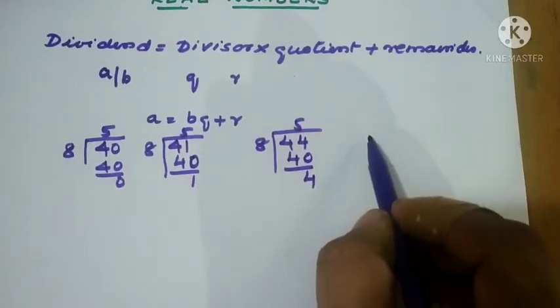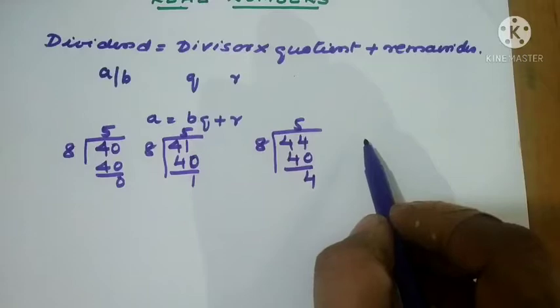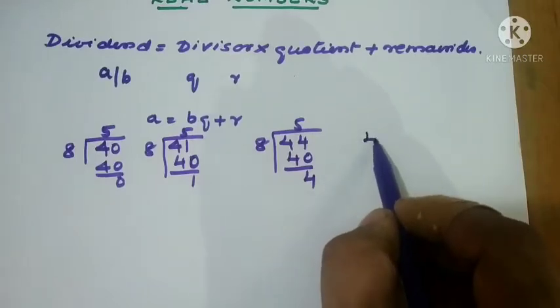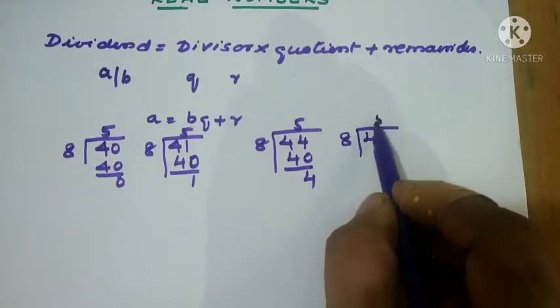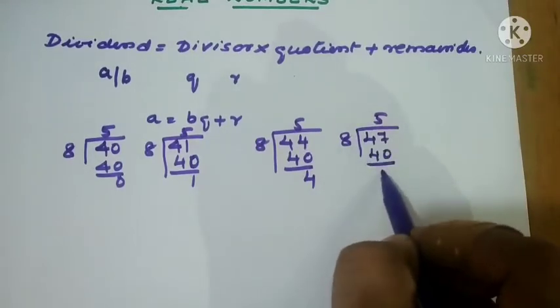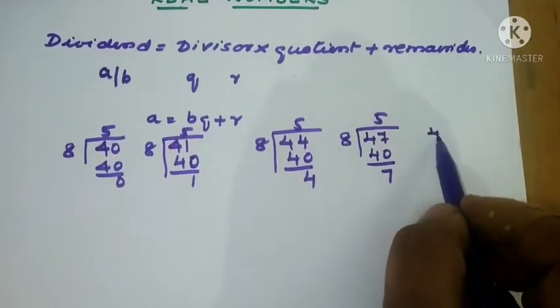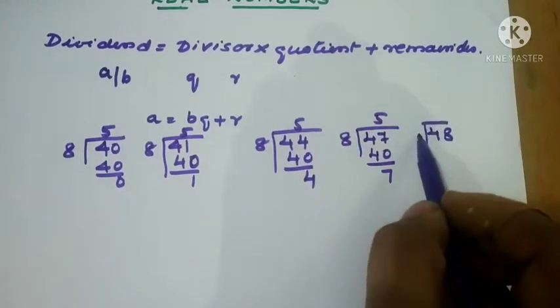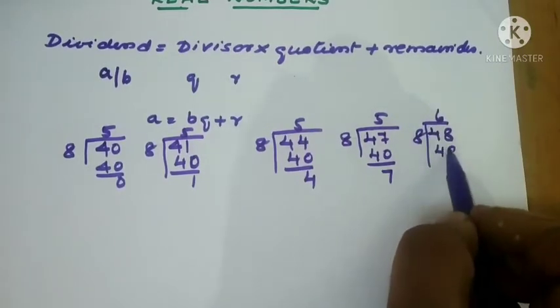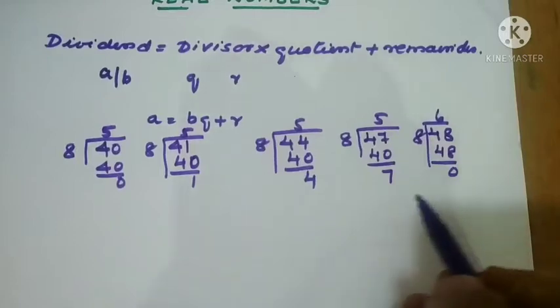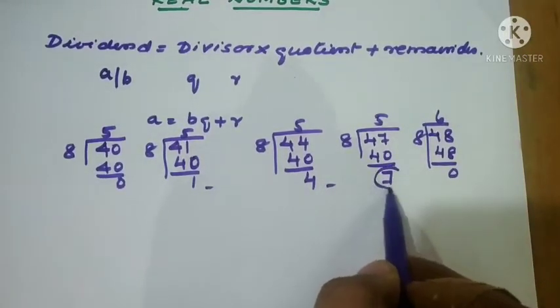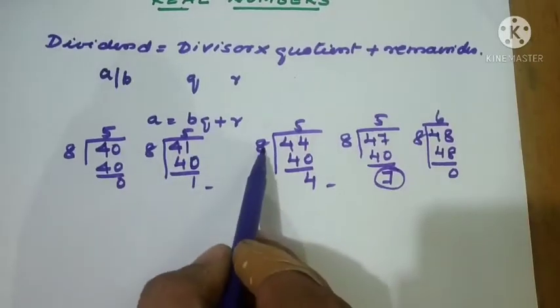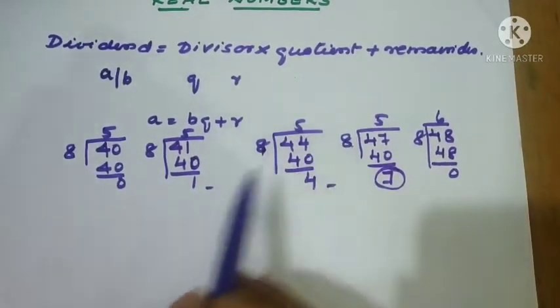Next, 47. Then 8 fives are 40, and 7 is the remainder. Once we go for 48, the quotient will change. 8 sixes are 48 and the remainder will be 0 only. So always the remainder is less than the divisor only.